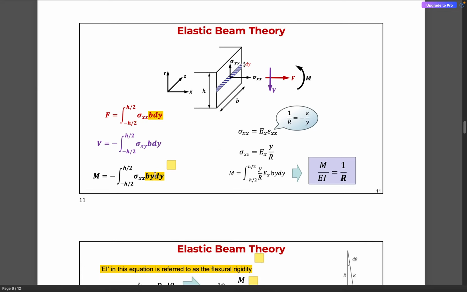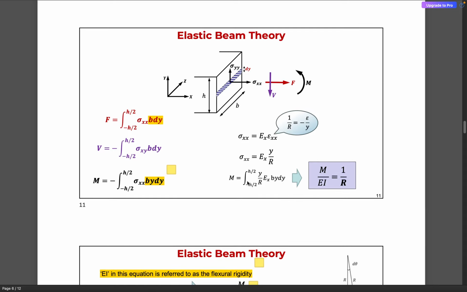When we substitute the value of epsilon, that is strain, and then simplify this expression, we obtain this relation between the curvature of the beam and the moment developed.